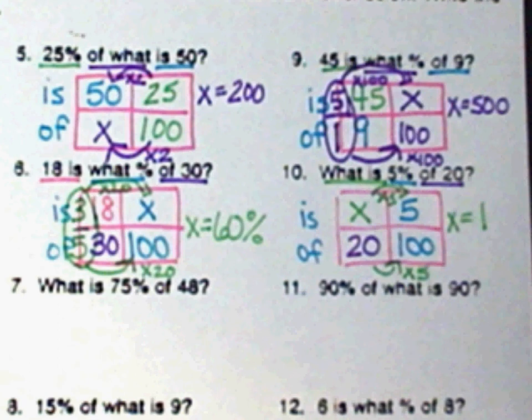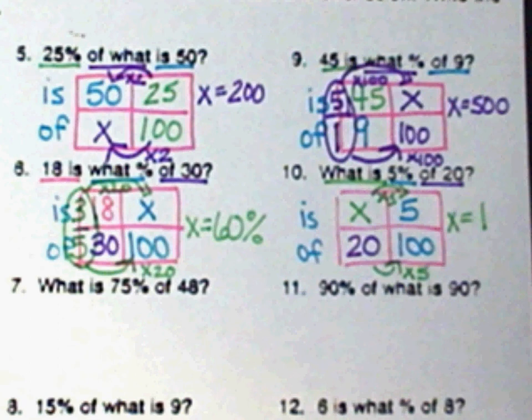Okay, so number 10, set up a proportion box, label is and of. What is, meaning we're going to put the X in the is because we don't know what that is. 5%, so 5 goes in my percent, and percent is always out of, you got it, 100.